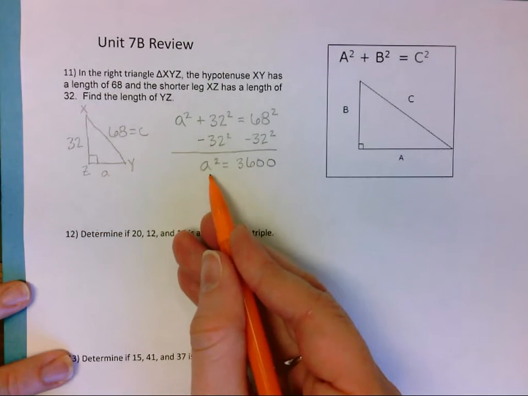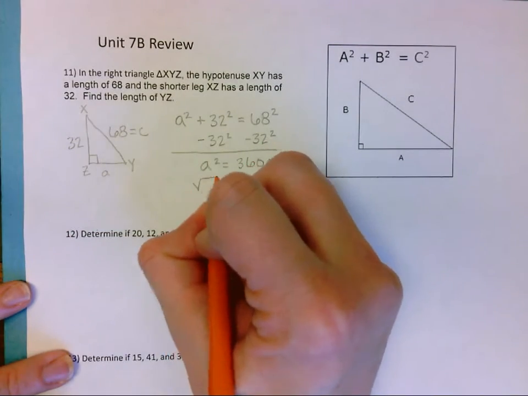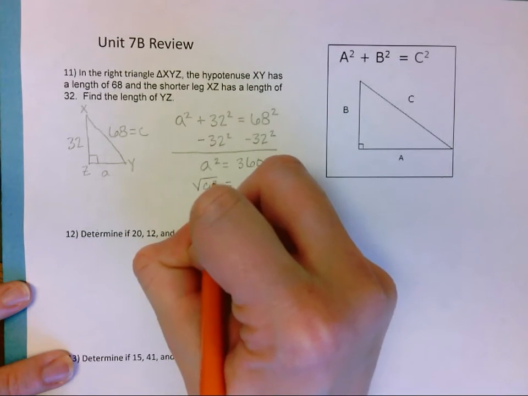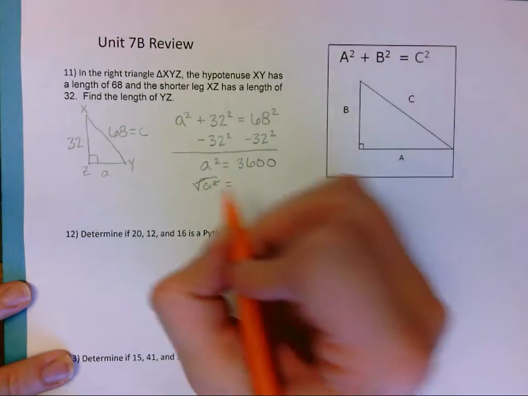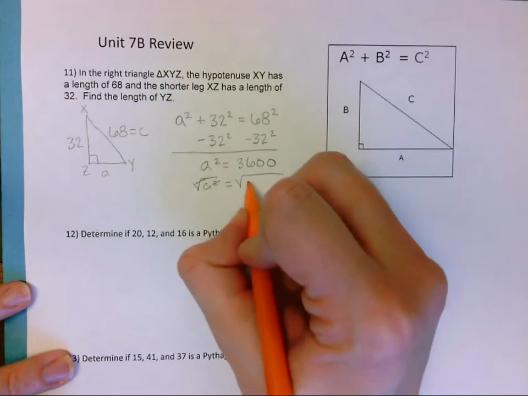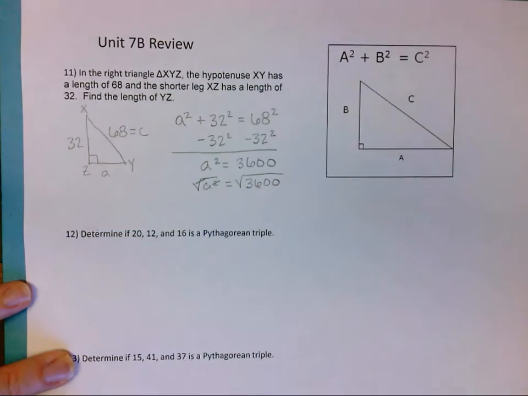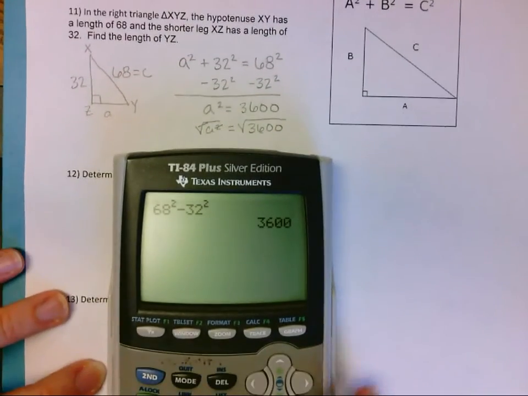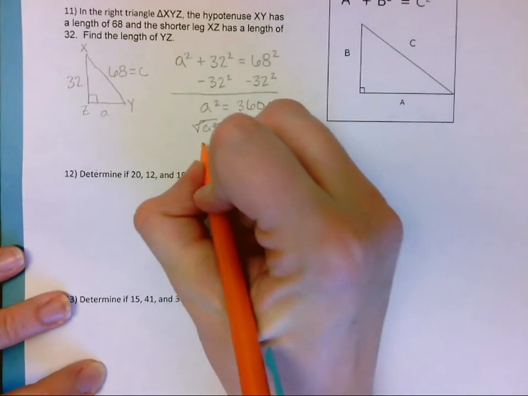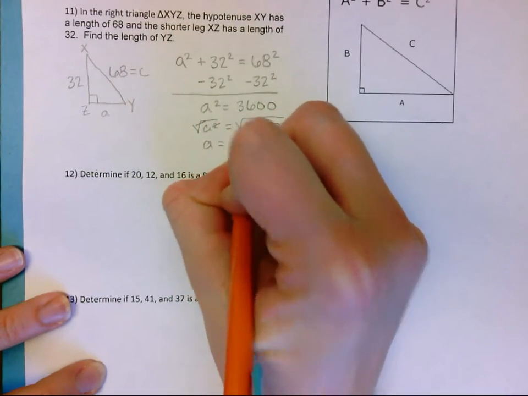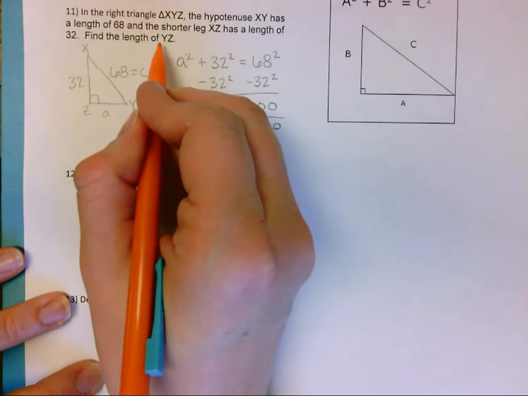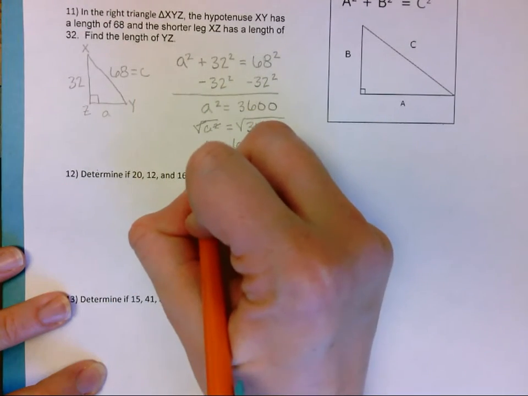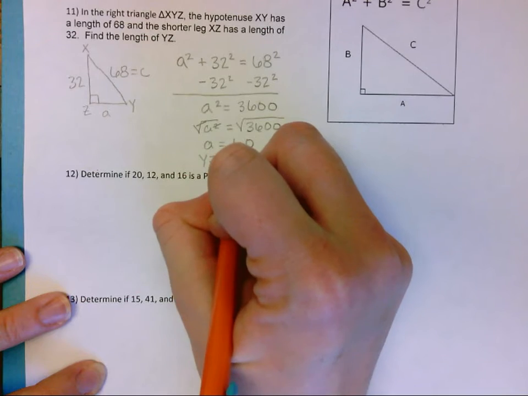However, we need to solve for A, so we'll do that by taking the square root, because squaring and square root cancel. That will get A by itself. So the square root of the 3,600 gives you 60. So side ZY, or they called it YZ, equals 60.